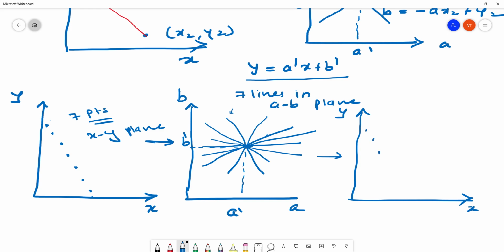This will be y equal to a dash x plus b dash. The AB plane is called the parameter space. In the next lecture we will solve a problem based on the Hough transform.